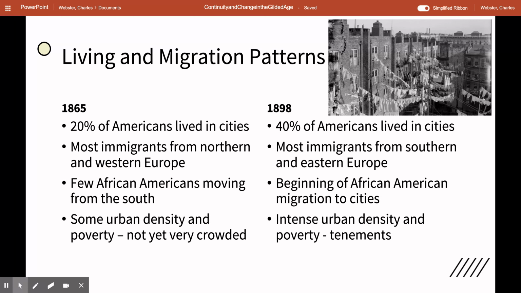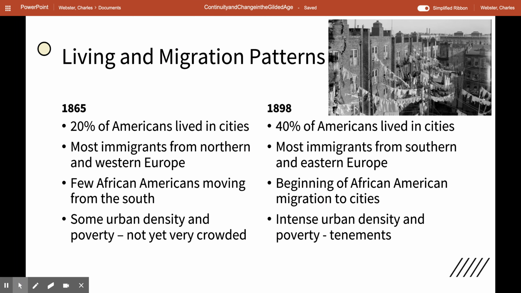So what about in 1898? Well, the percentage of the population living in cities nearly doubled, up to 40%. Several cities grew to more than 1 million people for the first time during the Gilded Age. And who was coming to the cities changed as well. Political and economic trouble at home led many Southern and Eastern Europeans to head for the factories in American cities.